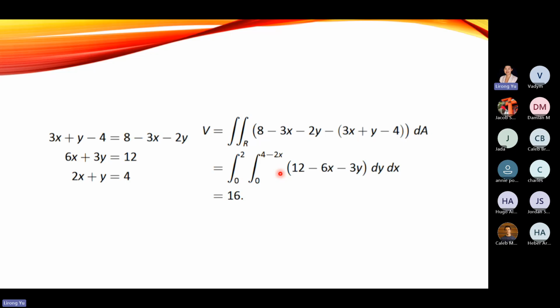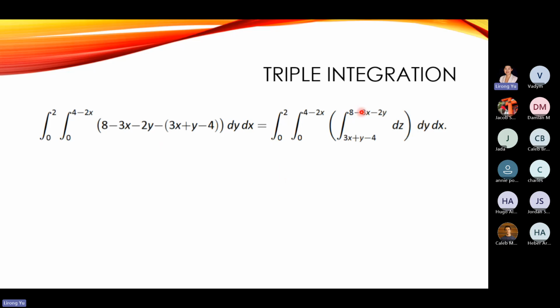You can think of this, 4 minus 2x, as the upper limit for the z value, and then the other equation, z equals 3x plus y minus 4, is the lower limit for the z value. So you can think of these two numbers as the upper limit, lower limit for the dz.